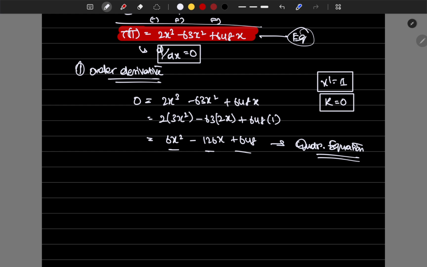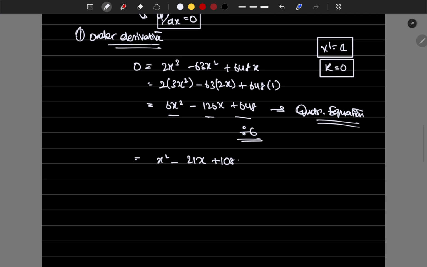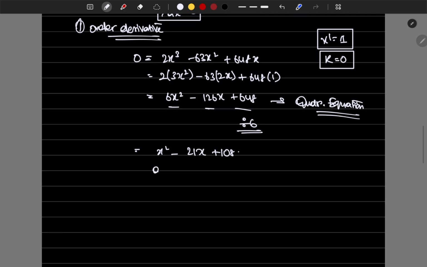All are divisible by 6, so let's quickly divide by 6. x square minus 21x plus 108. So this is ax square minus bx plus c.